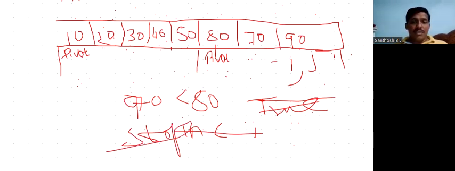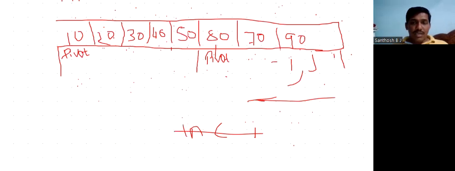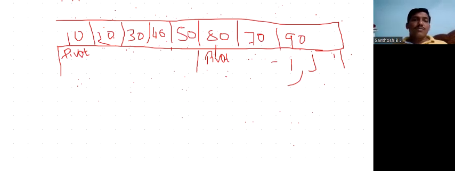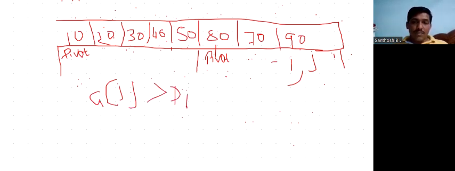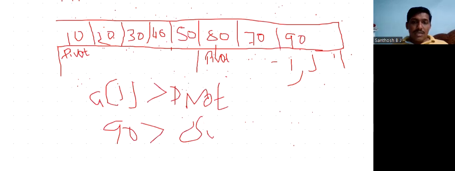Next, we move on to J and compare with the J condition. A of J is greater than the pivot value. Yes, A of J is 90, and 90 is greater than 80.